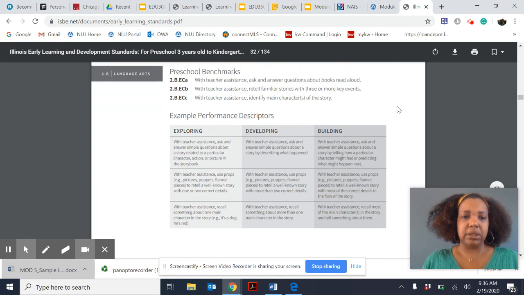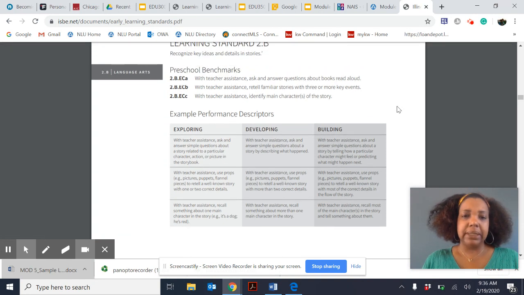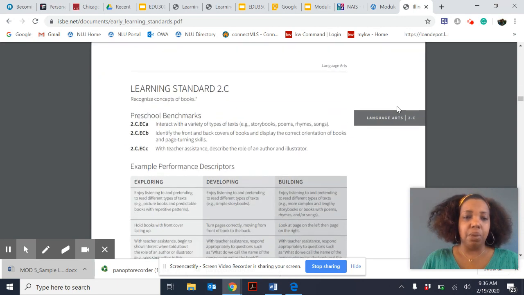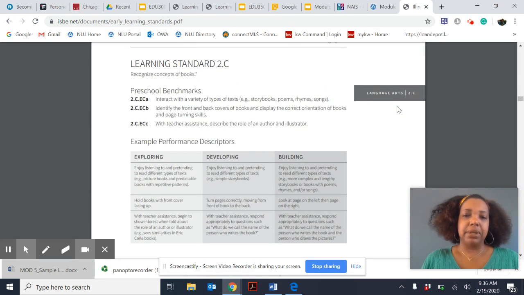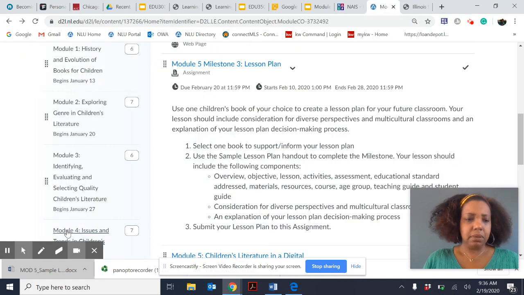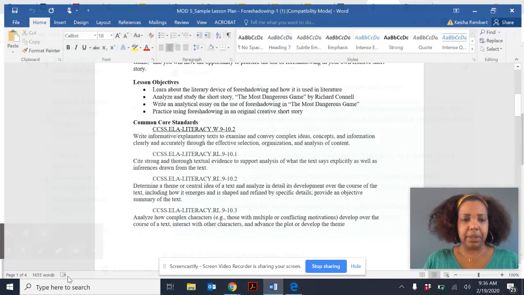So it talks about with teacher assistants being able to ask and answer questions about book read alouds, retell stories, identify main characters. Those are the types of standards that you will use to help illustrate the skill that you're going to teach.